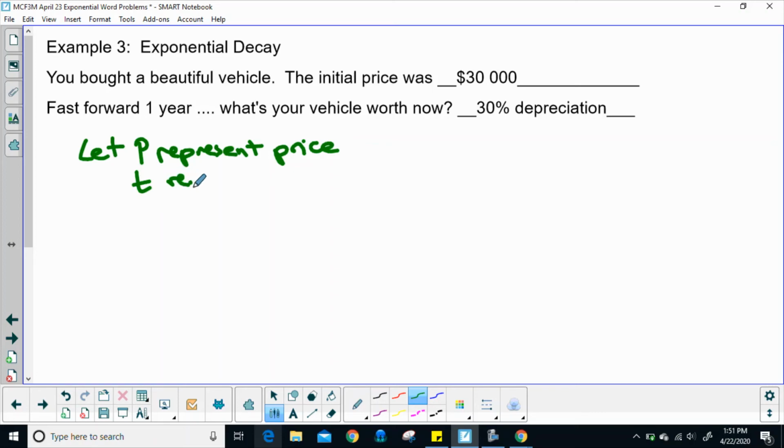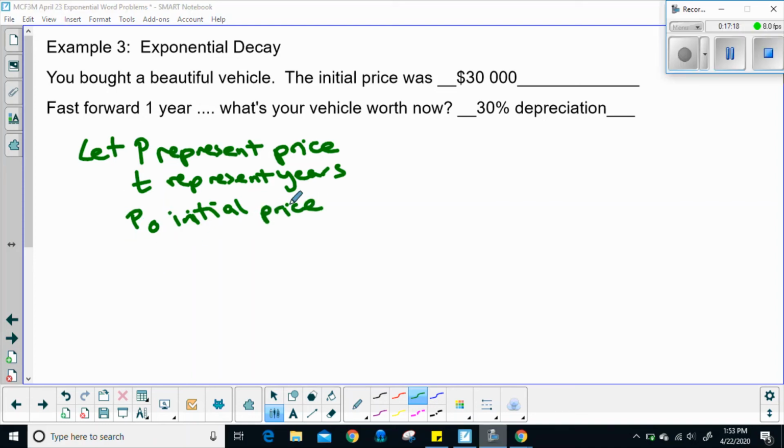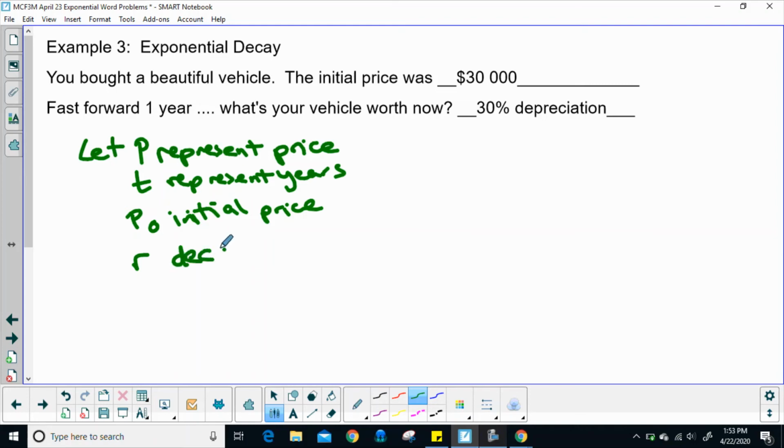We're going to let T represent years. P with the little 0, so that's P naught, is my initial price. And let's not forget R. In this case, R is going to represent our decay rate.